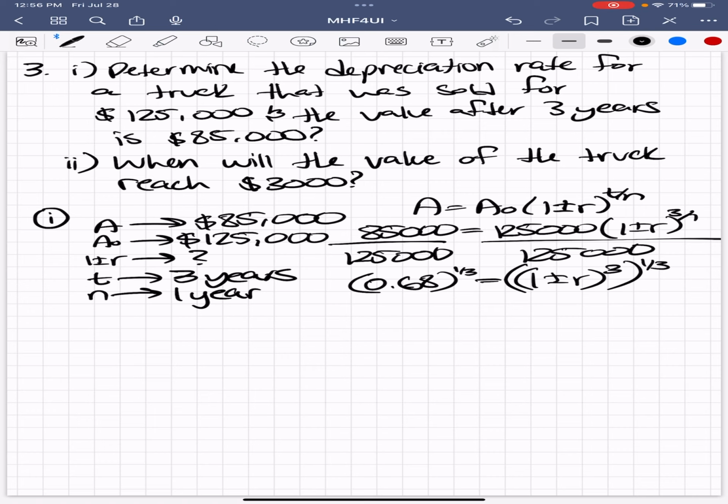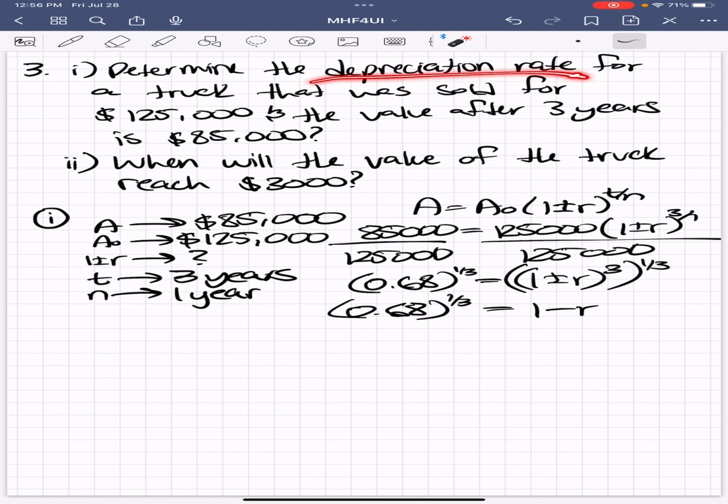It's going to get rid of that exponent on the right side, and we're going to add the exponent of 1 divided by 3 to 0.68 on the left side. So we are left with 1 minus R because it's a depreciation rate.